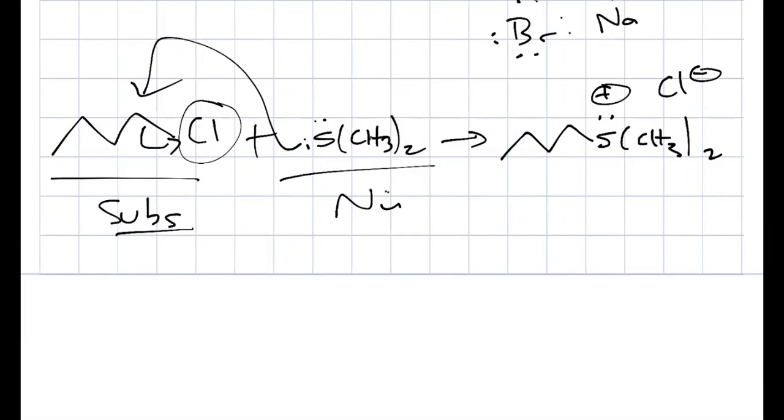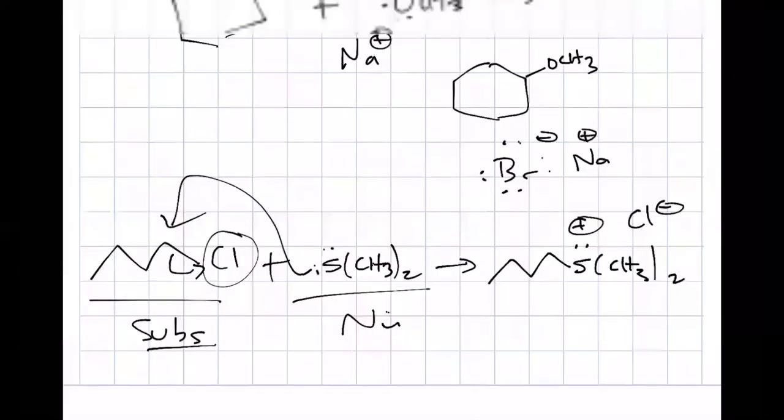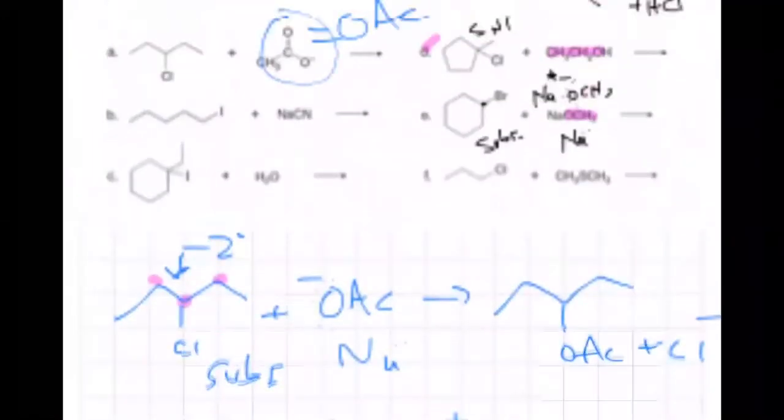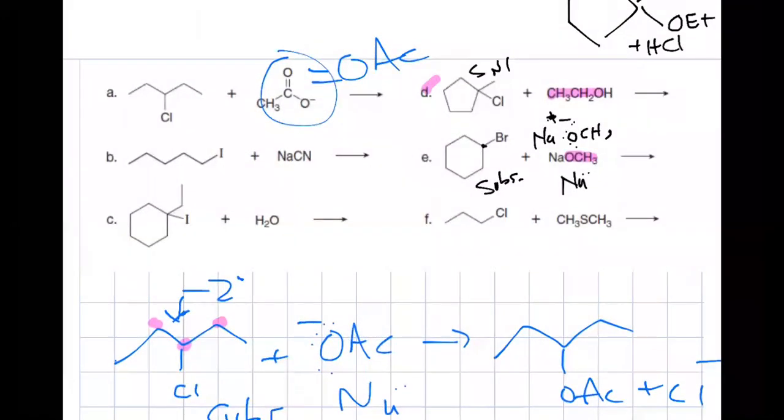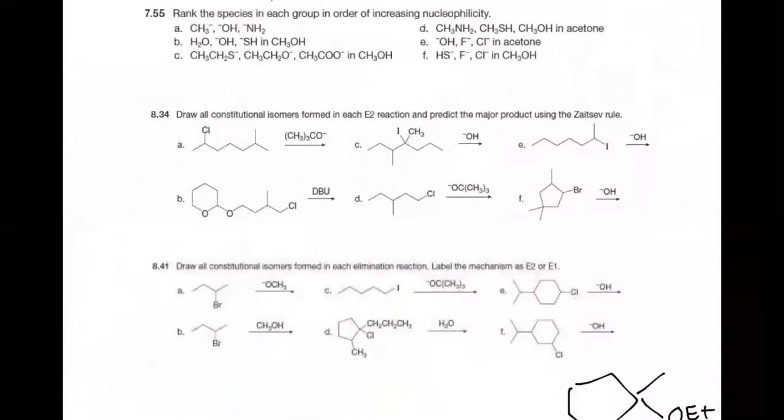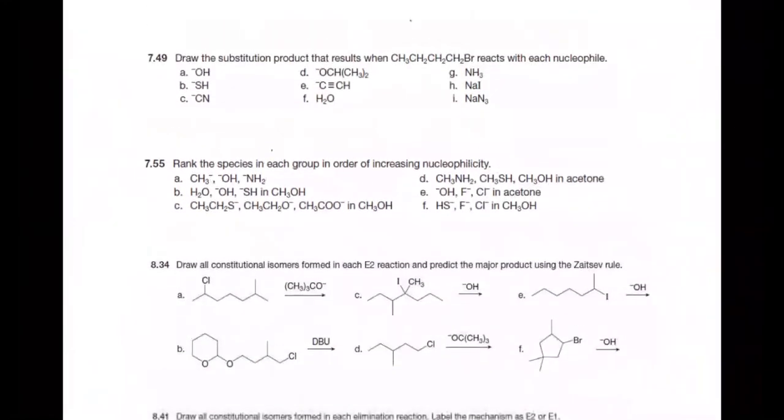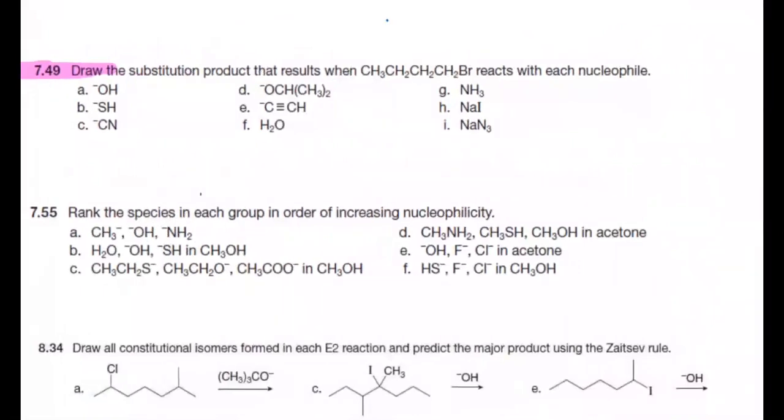All right. Any questions about these substitutions? I think that's enough information on SN1 and SN2 that you should be pretty comfortable with that. On your own, you should be able to finish this problem right here, where it says draw the substitution product that results when 1-bromobutane reacts with each nucleophile.